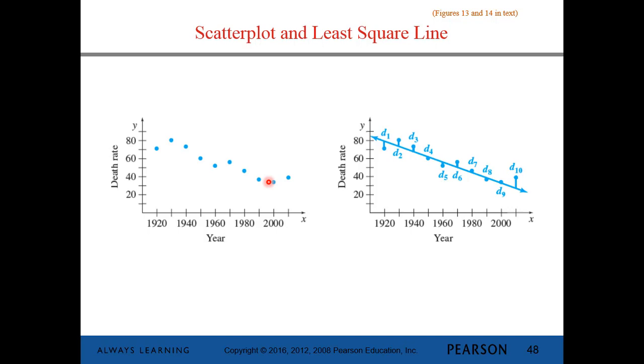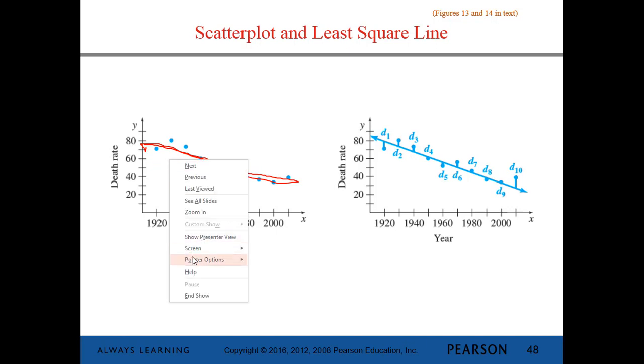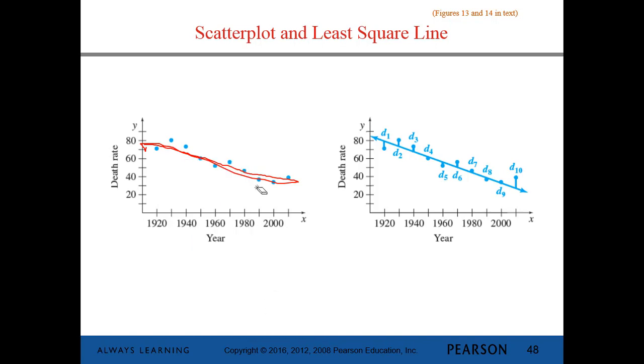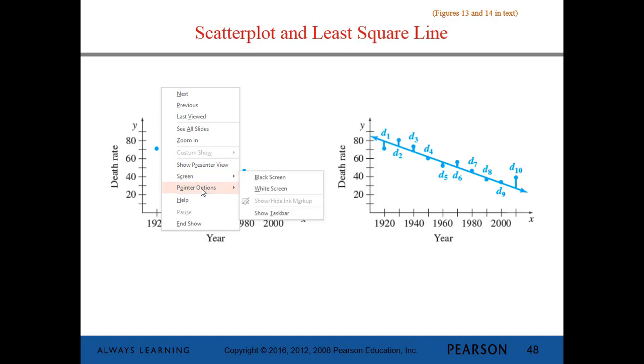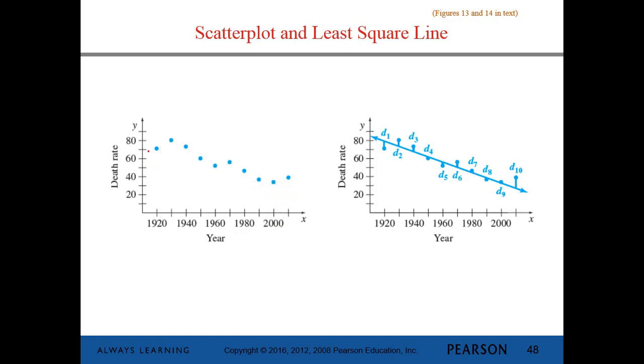Because I could draw all kinds of lines through this. If I want to draw a line, I could draw a line here. I could draw a line through here.